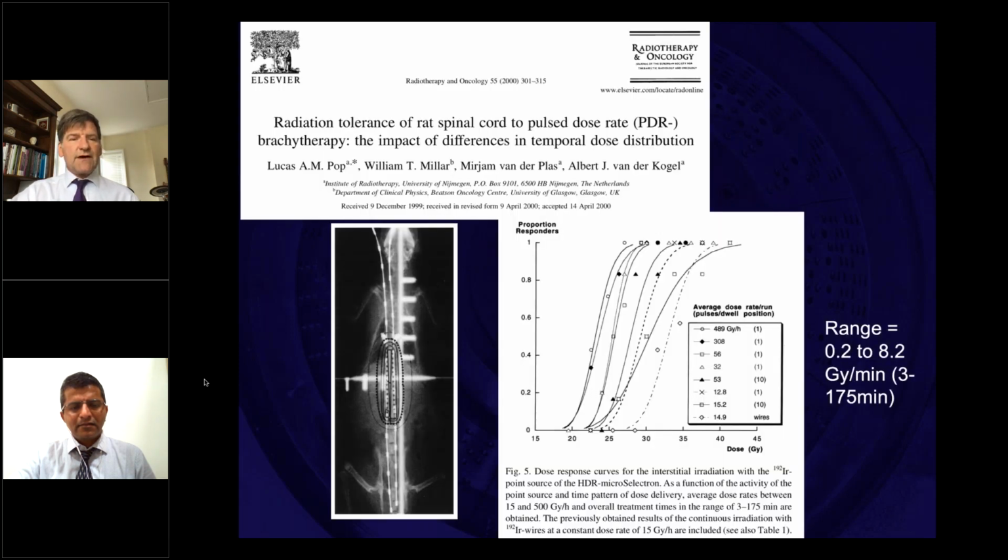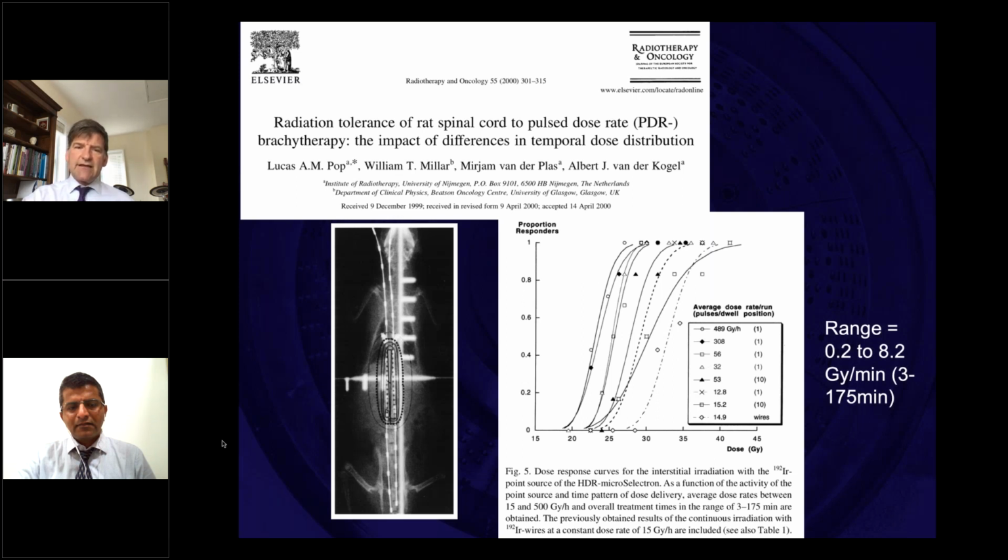So we've seen cell survival curves. What about animal models? There's this paper by Luke Popp that was published in 2000. You can see on the lower left there's an X-ray of a rat, and there they were using brachytherapy sources to irradiate the rat spinal cord and to look at the DNA repair kinetics involved.